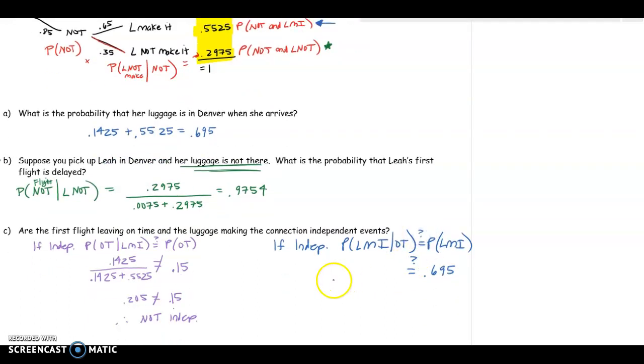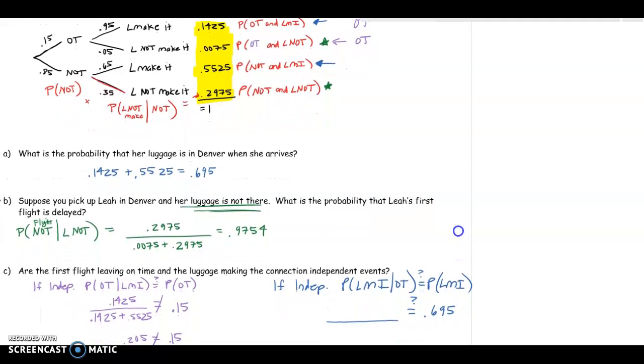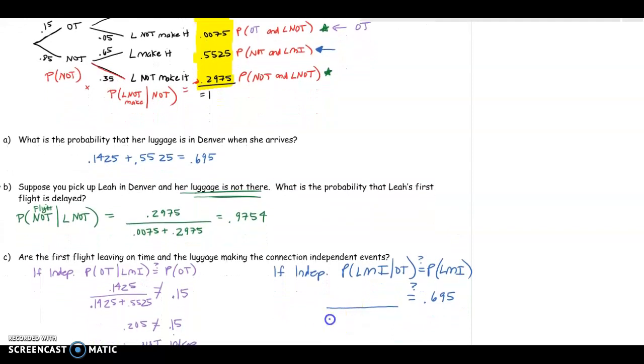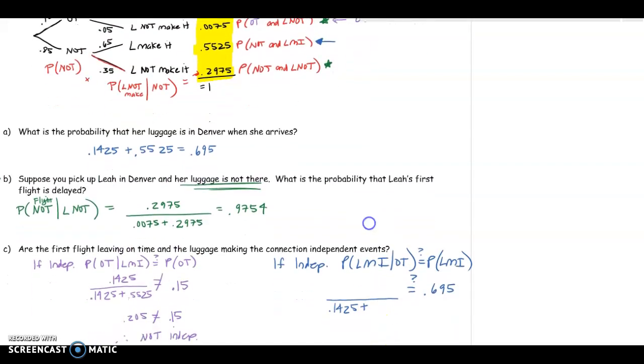Now, if you do that, let's see if it equals the left side, because this is the big question. So the denominator is going to be everywhere where our flight was on time. So that is 0.1425 plus 0.0075, which, by the way, does add up to be 0.15, which they gave you in the problem.